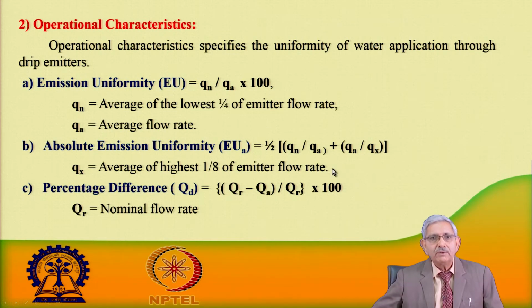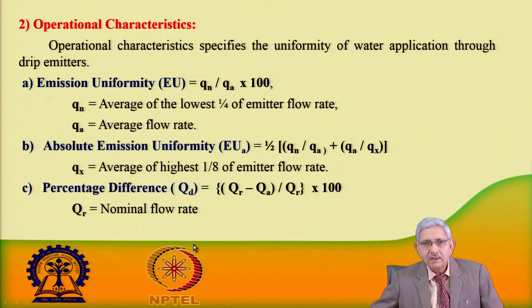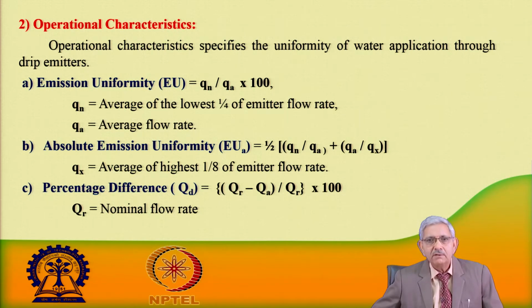This absolute uniformity, as the name suggests, gives us the variation. Then for the percentage difference, if someone wants to know how much variation in the discharge takes place, it is Q r minus Q a divided by Q r multiplied by 100, where Q r is the nominal flow rate. The nominal flow rate is the design discharge specified by the manufacturer, say an 8 liter per hour dripper.